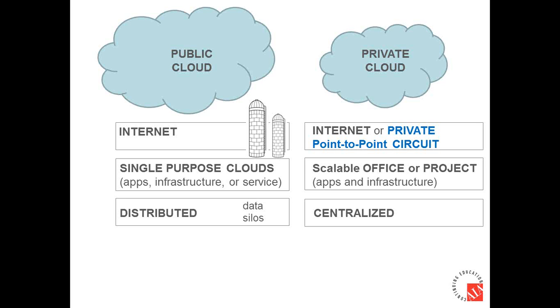Before you know it, you've got a lot of different data spread all over the place, and I call these data silos. And then you feel almost compelled, well, I've got to start using something like Jungle Disk or SugarSync or Dropbox or whatever now to replicate all this data around to all my different places.